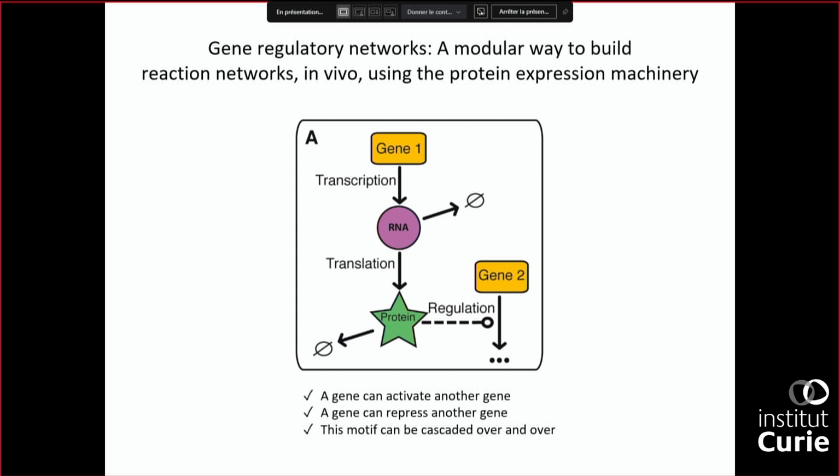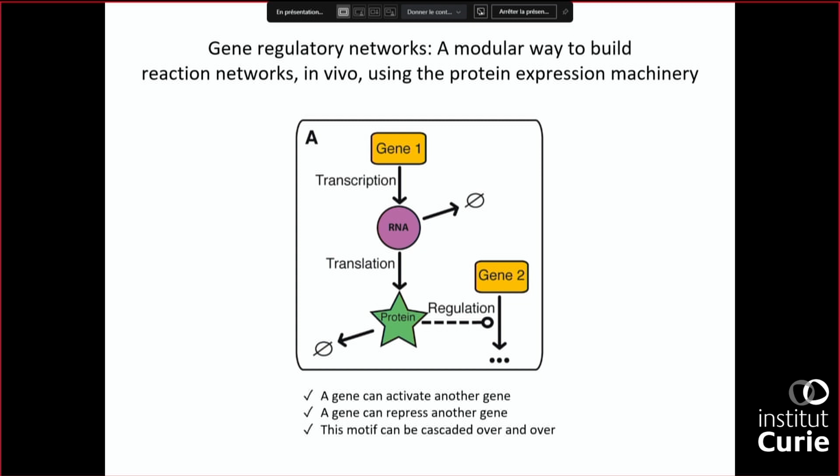By connecting many of these modules, because they always start from a gene and go to a gene, you can create the large network that I was discussing before. So this conceptually simple motif, chemically very complex but conceptually simple, can be cascaded over and over to create large networks.